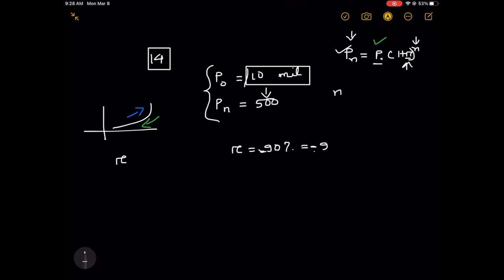Okay, now we have our setup. So 500 equals 10 million, which is 1 followed by 7 zeros, and the formula is P naught times (1 plus r) to the n. So 1 plus r is 1 minus 0.9, which is 0.1, to the n.